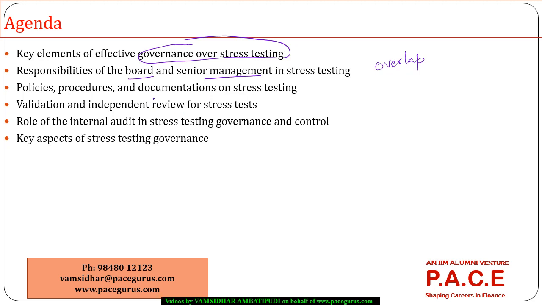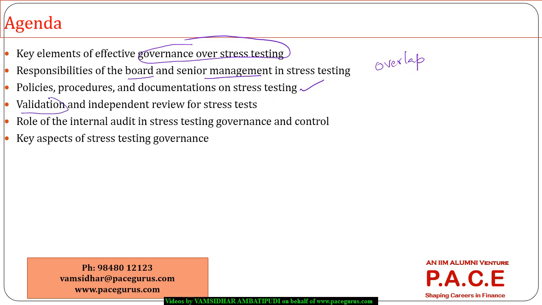Then how do you look at the policies, the procedures, the documentation aspects, etc. with respect to stress testing? How do you ensure that all these things are fully in place? What are the various policies that need to be set? What are the various documentations and in what kind of mechanisms do they need to be maintained?